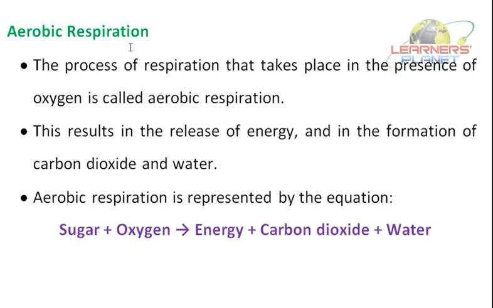Students, in aerobic respiration, oxygen is needed, so this must be taken from the surroundings or from the air or water by the process of gaseous exchange. In complex terms, respiration can also be defined as a process that occurs inside cells in which carbohydrate, particularly glucose, is broken down to release energy.